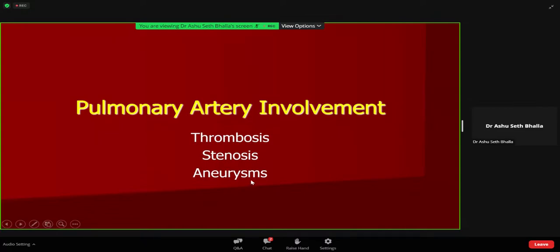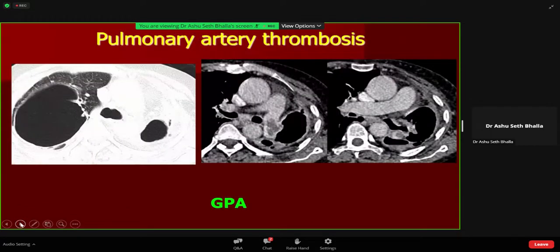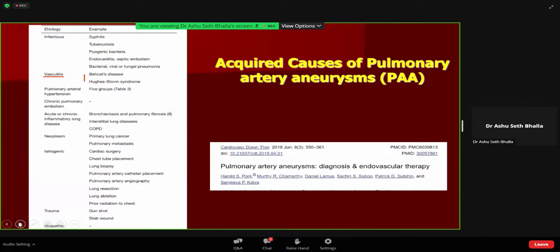So understandably, you can expect that it can give rise to aneurysms, but it can also give rise to thrombosis. It can also give rise to stenosis. So all these manifestations can occur. This is a patient with GPA who has got a pulmonary embolism.